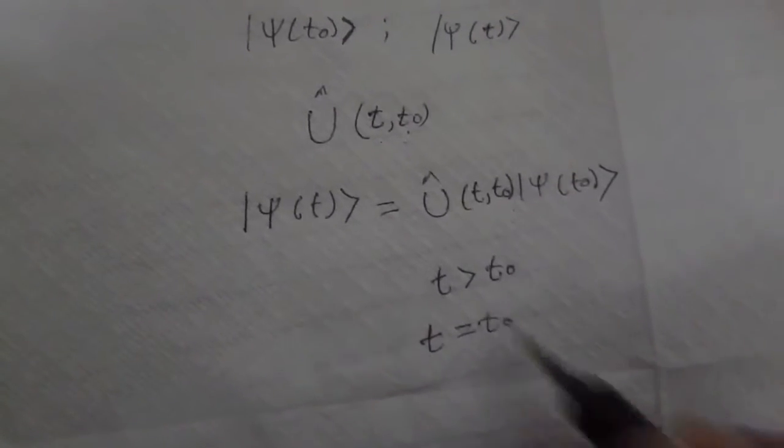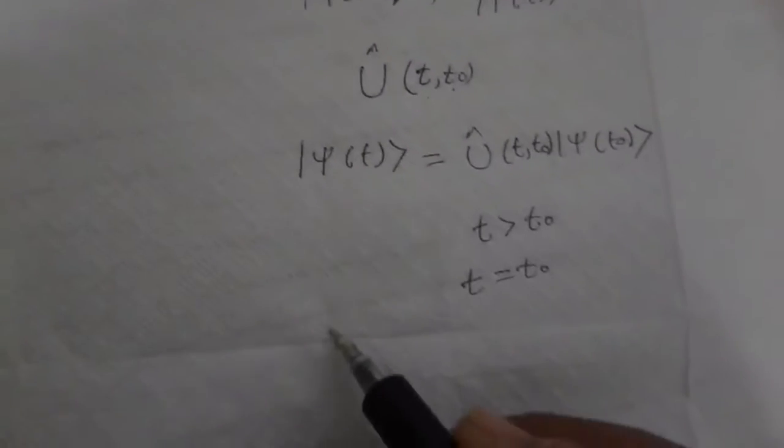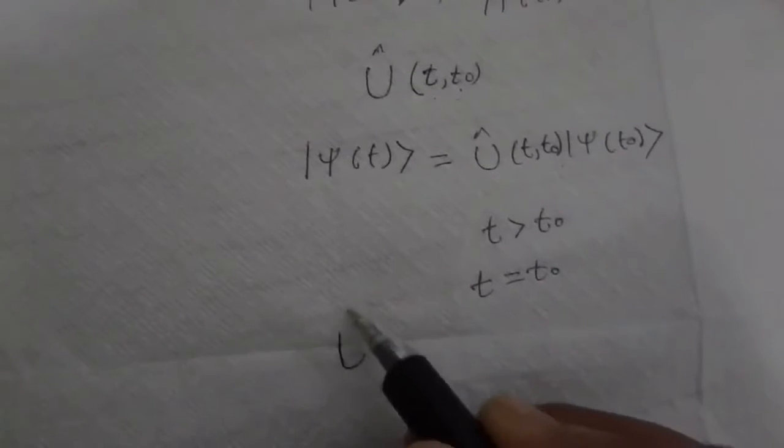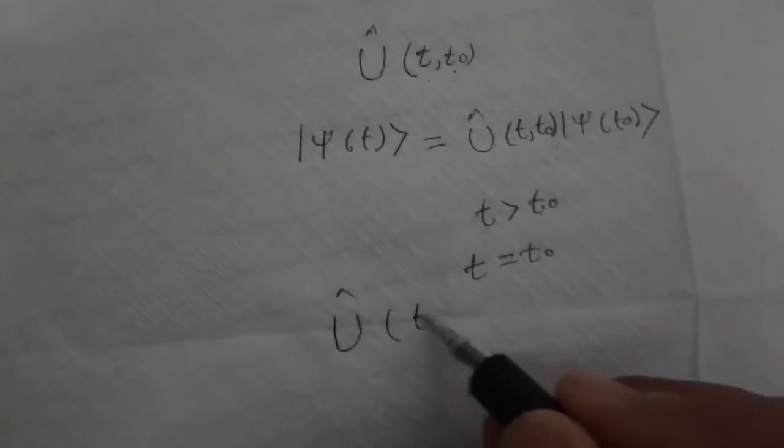And if the initial and final times are equal, then the unitary operator U of t naught and t naught will be equal to the identity operator.